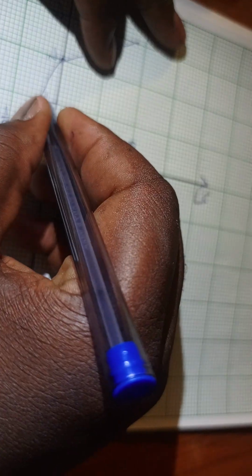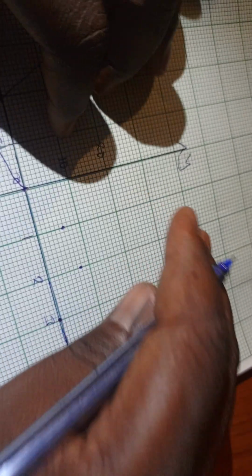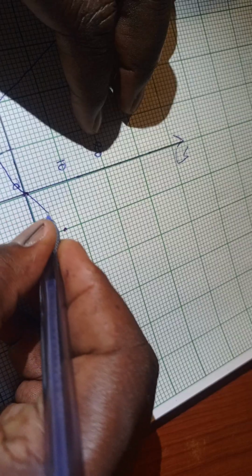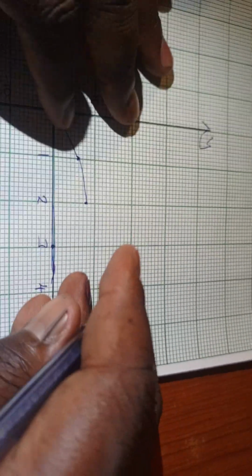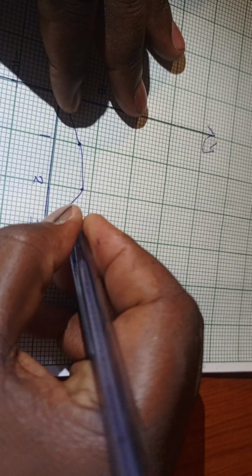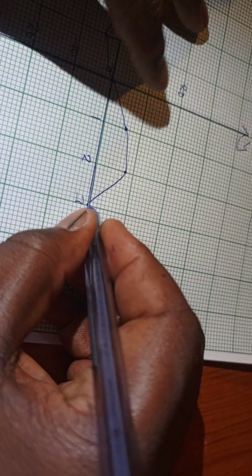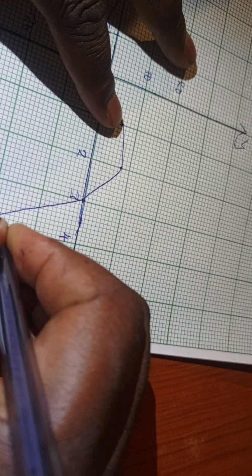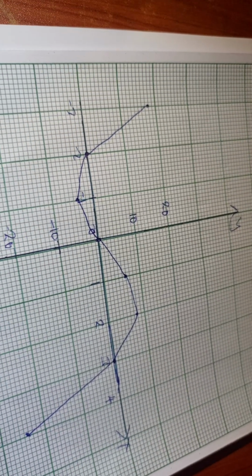See here, passing through this point, then to this point, then to this point, to this point, to this point, to this point, then to this point. Then to this point. Okay, so this is how the graph will look.